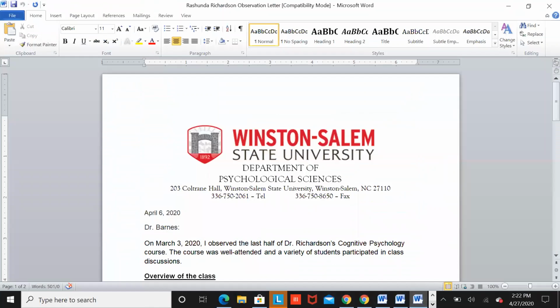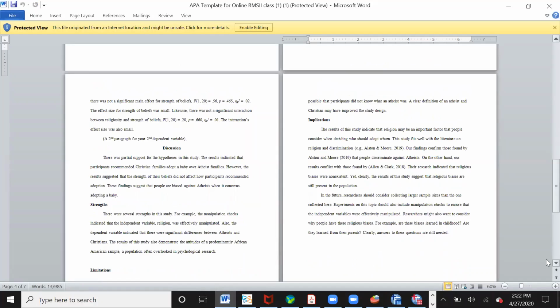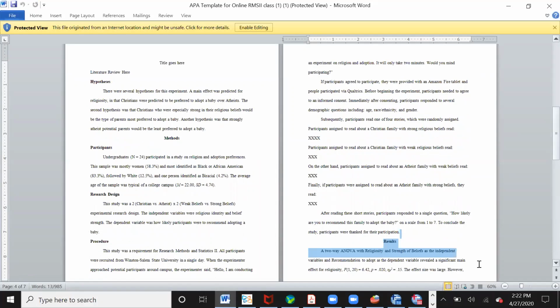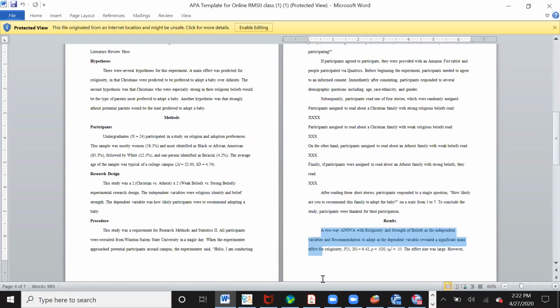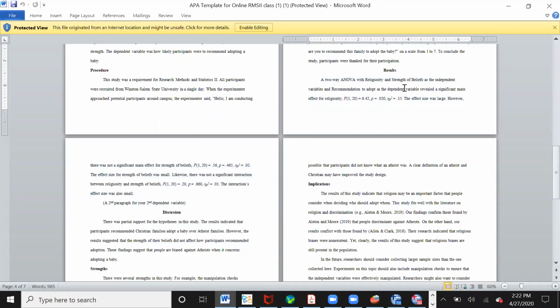Let's pull up the paper again. All right, the results section, I recommend doing a solid paragraph for each of your two-way ANOVAs. In the first sentence, you need to tell me what you entered as the independent variables and the dependent variables.